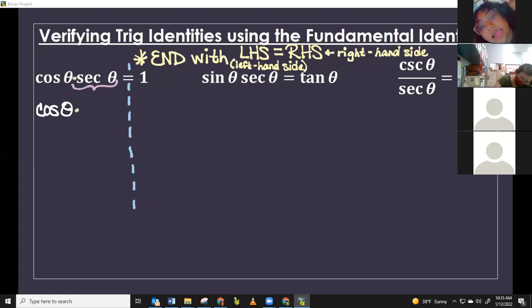One over cosine theta. Well, what happens here? The cosines are going to cancel. And so I just end up with 1 equals 1. Left-hand side equals right-hand side. Sweet.